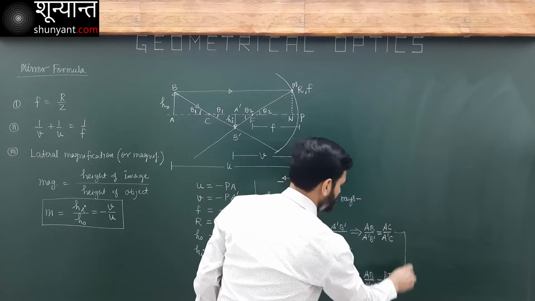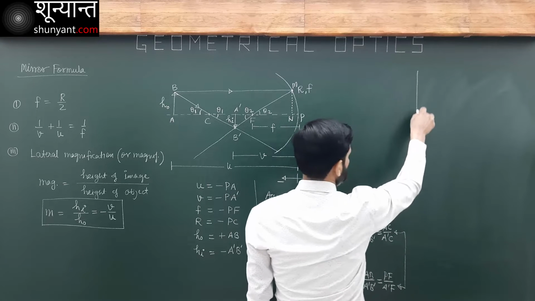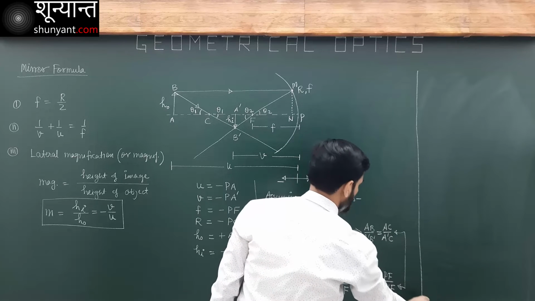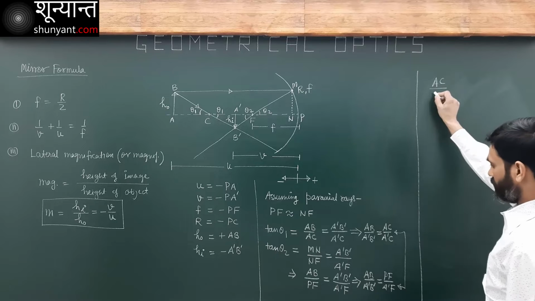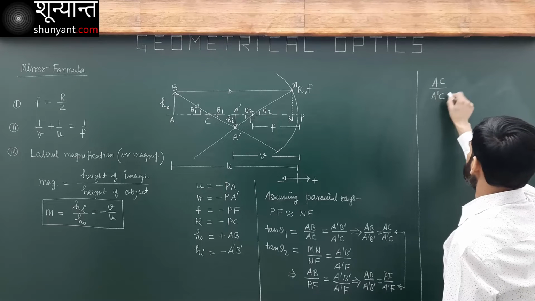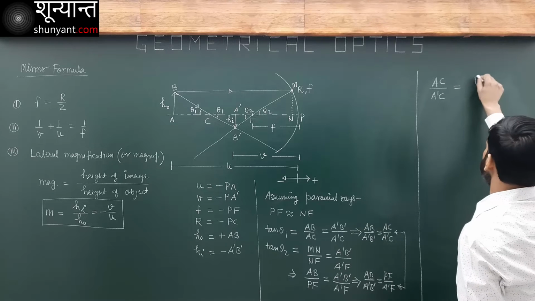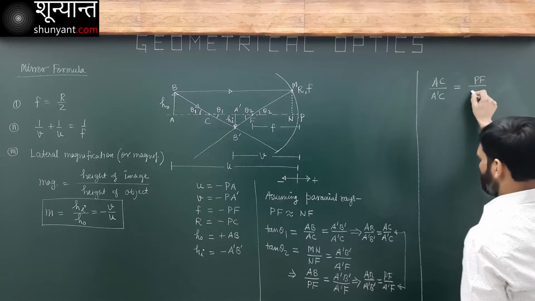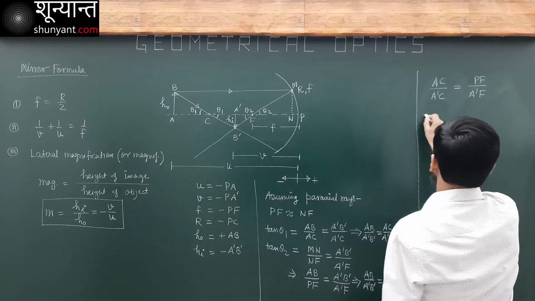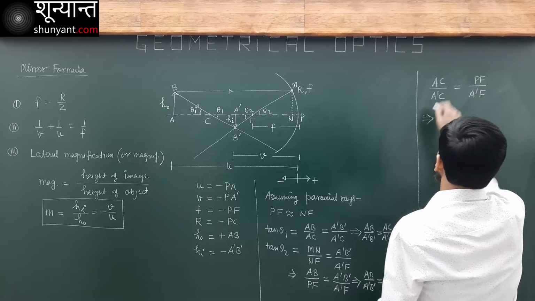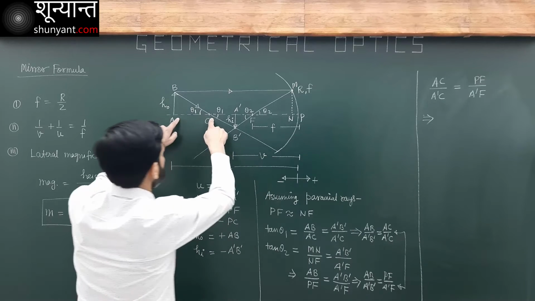Now let's combine these two. If I combine these two, what I have is AC over A dash C is equal to PF over A dash F. Now, what is AC?